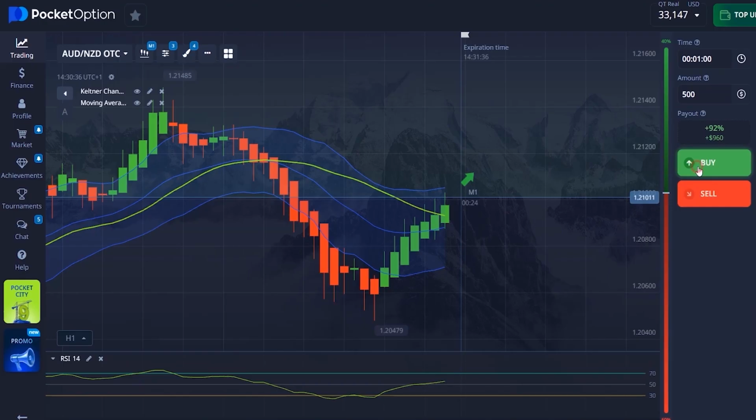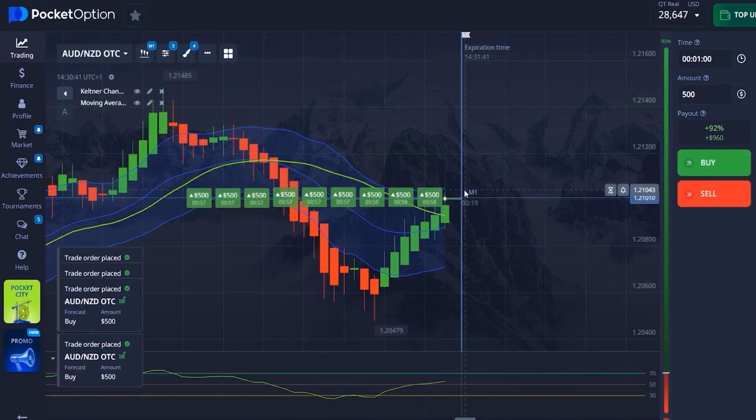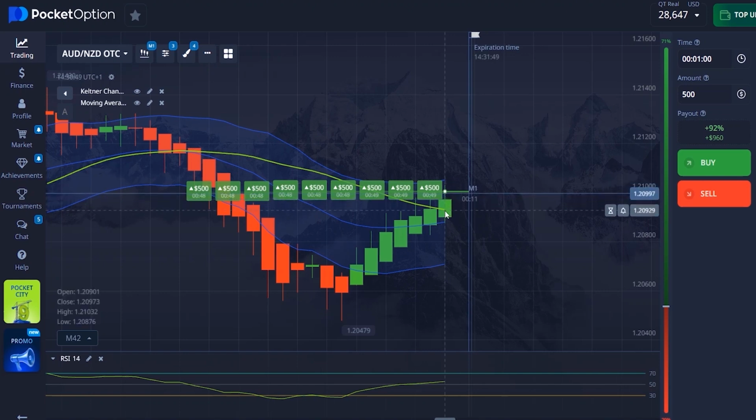So right here, going into the market, it has to clearly be above the moving average line to give me confirmation, and also my RSI indicator has to be above the middle line.